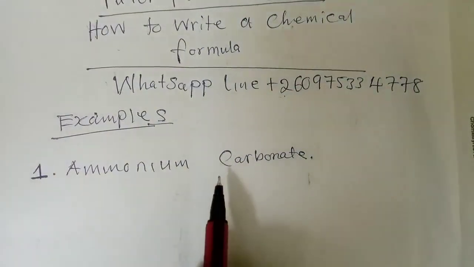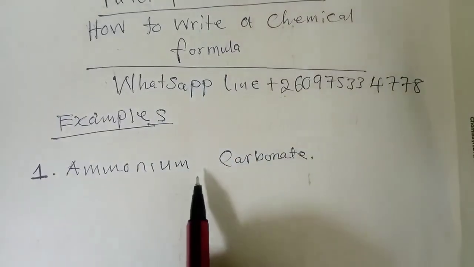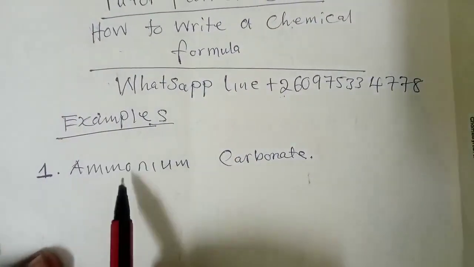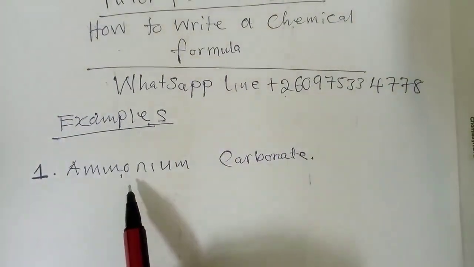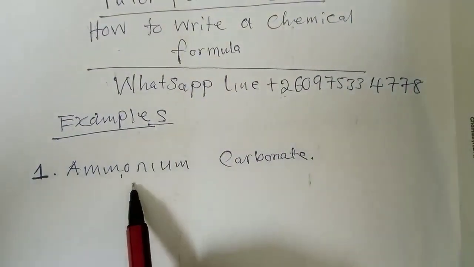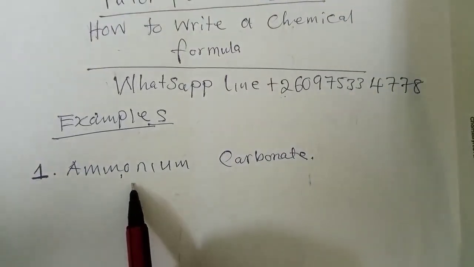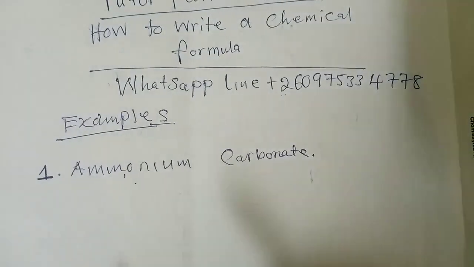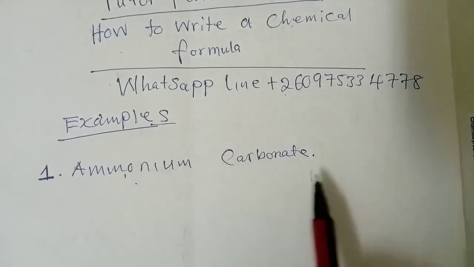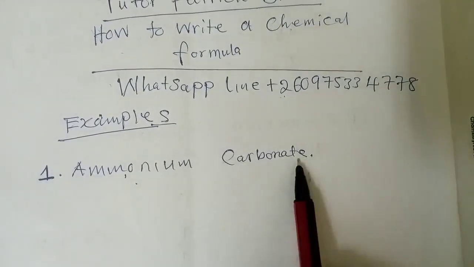You need to know that there is a combination of two radicals. We learned the radicals in the previous videos. If you didn't watch that video, kindly go back and watch so that we may move together. This is ammonium, and this is carbonate, a radical.